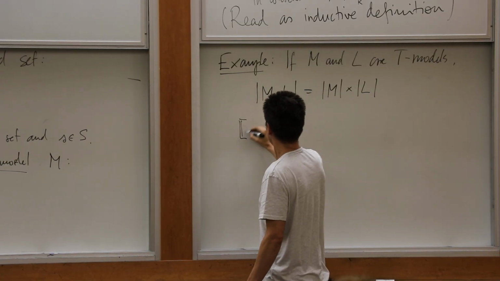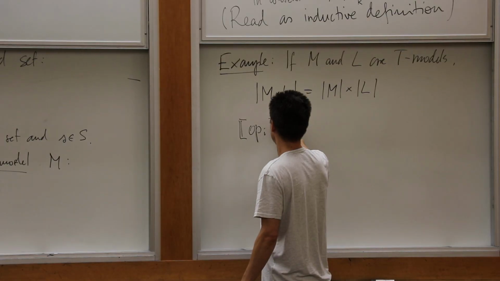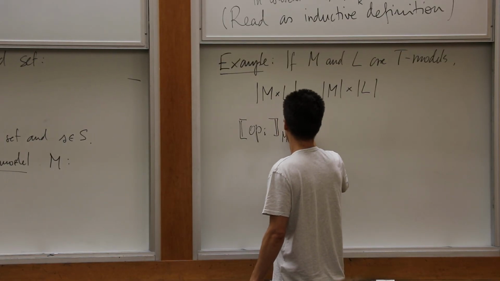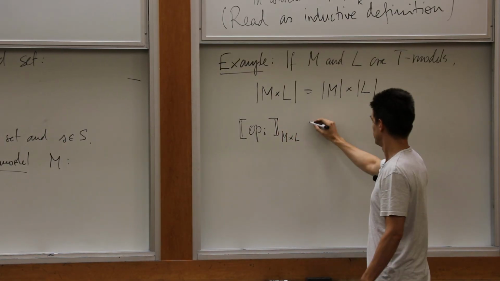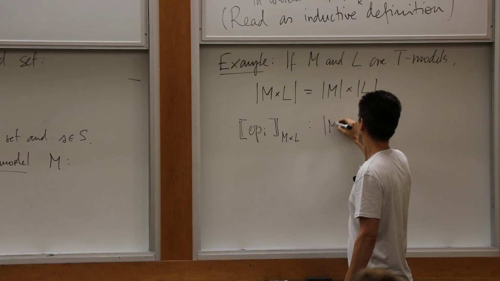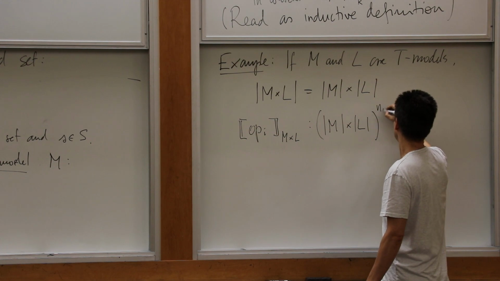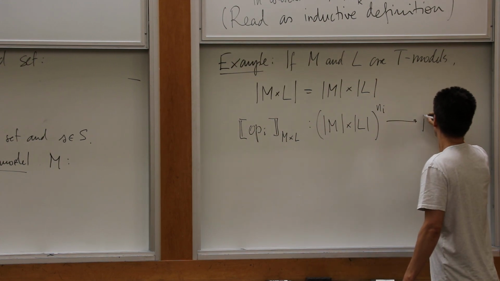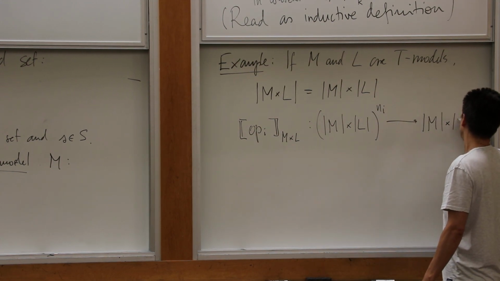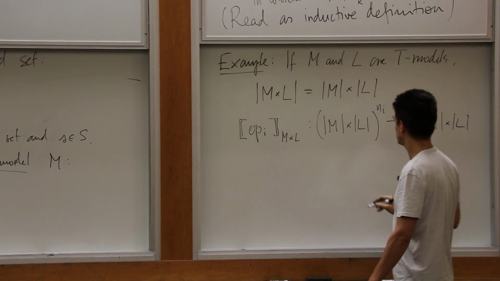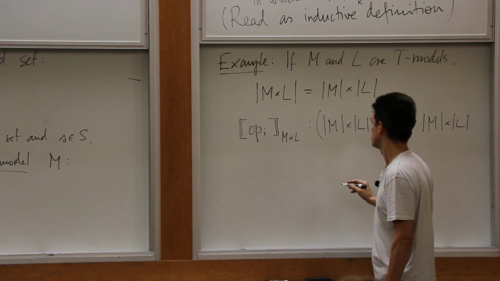So how do we interpret op I in M cross L? Well, this is going to be a map from the product of the carriers to M cross L. It works component-wise.